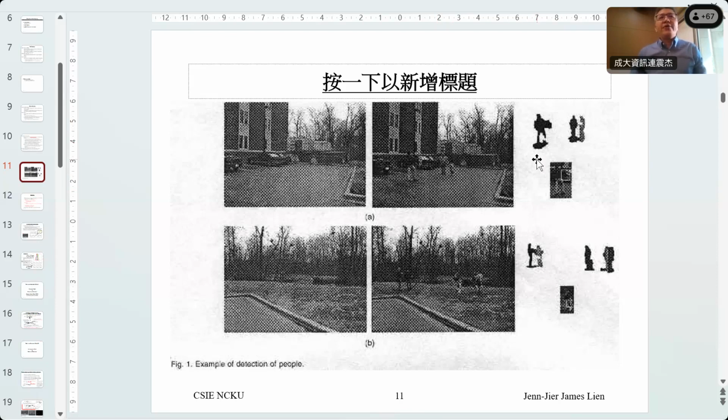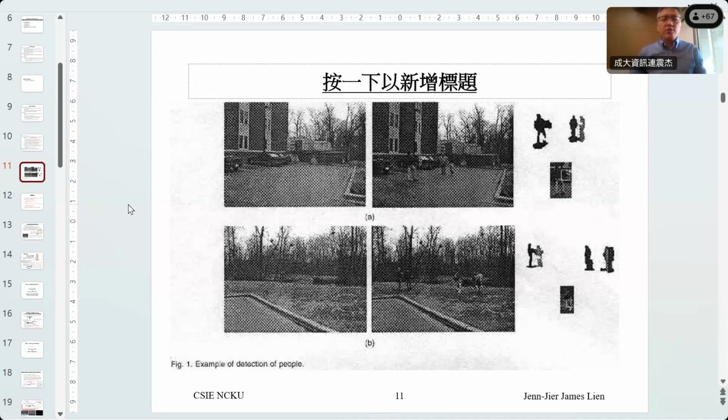And the method for background subtraction, the speed is very fast. Actually, usually it's faster than 30 frames per second. So it's a very easy and good method for what we call pre-processing to extract the object.